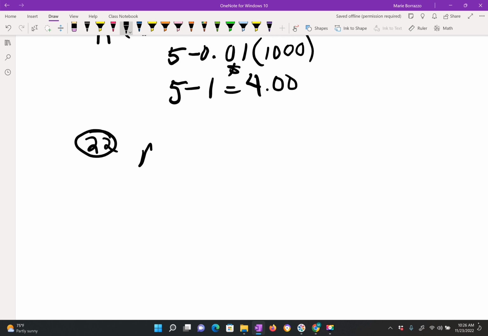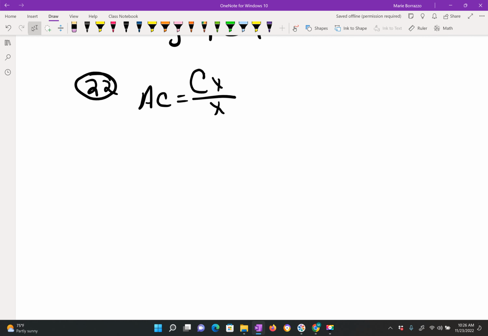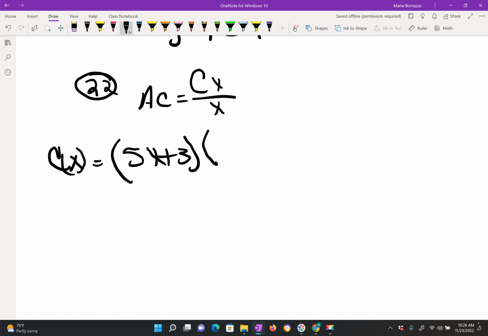So average cost in general is the original function over X. So if we take our function, let's go ahead and FOIL it. So we start with C of X equals 5X plus 3 times 7X plus 4.